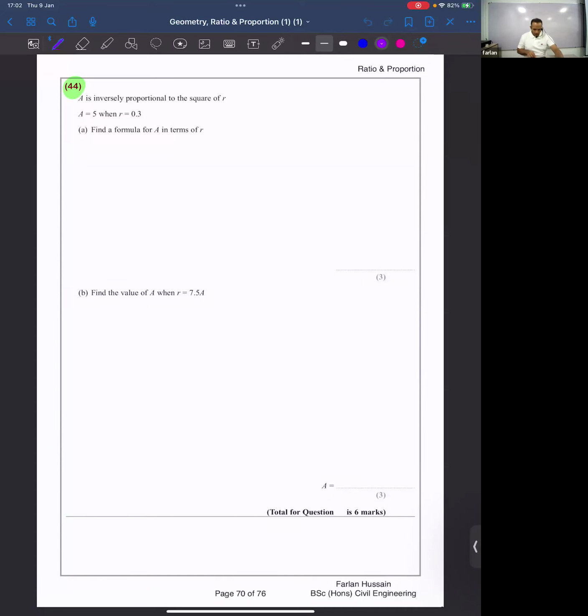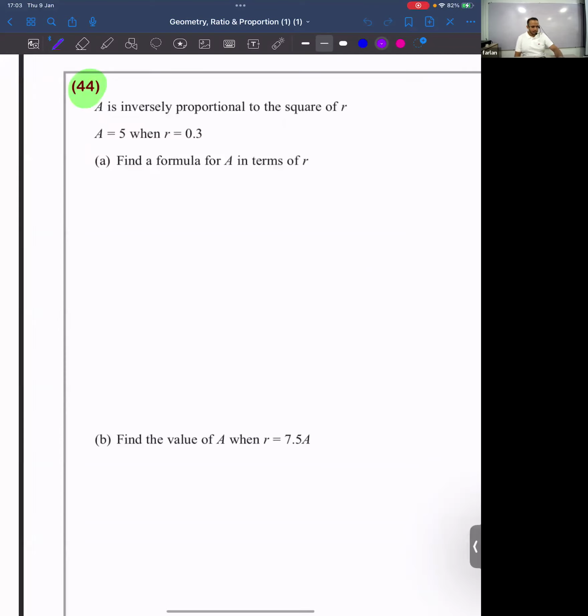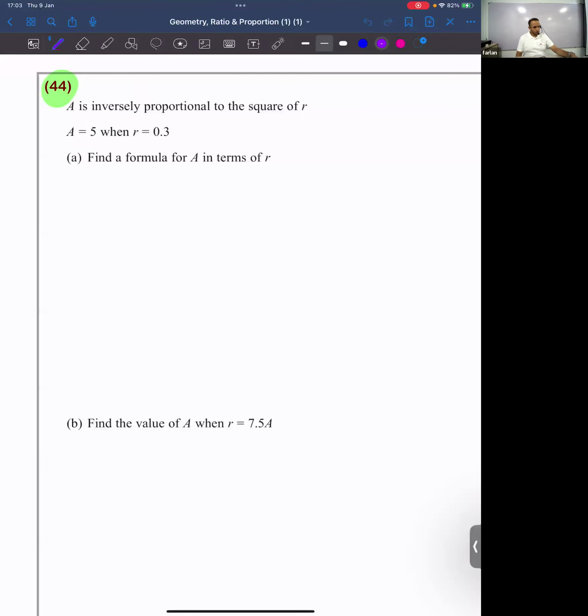A is inversely proportional to the square of R. A is equal to 5 and R is equal to 0.3.